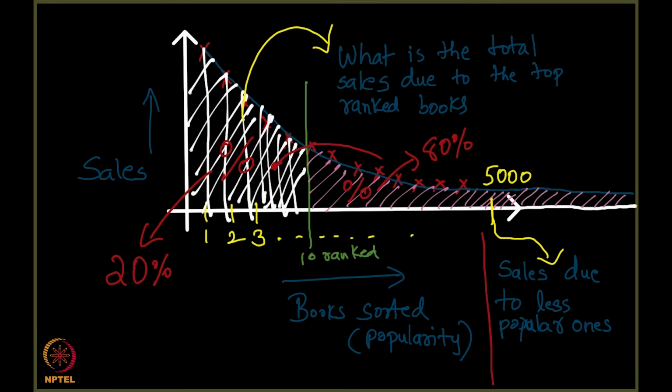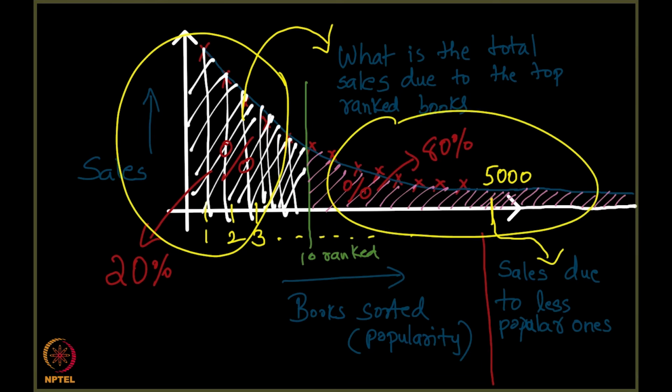It will probably come somewhere here very soon, right? Every bestseller has its shelf life. After a while, it will stop being a bestseller and it will become a niche product. It will become a classic, right? So it's very interesting to see how this curve continues to stay like this, where more popular stuff keeps coming here and less popular stuff with time goes to this part of the curve.